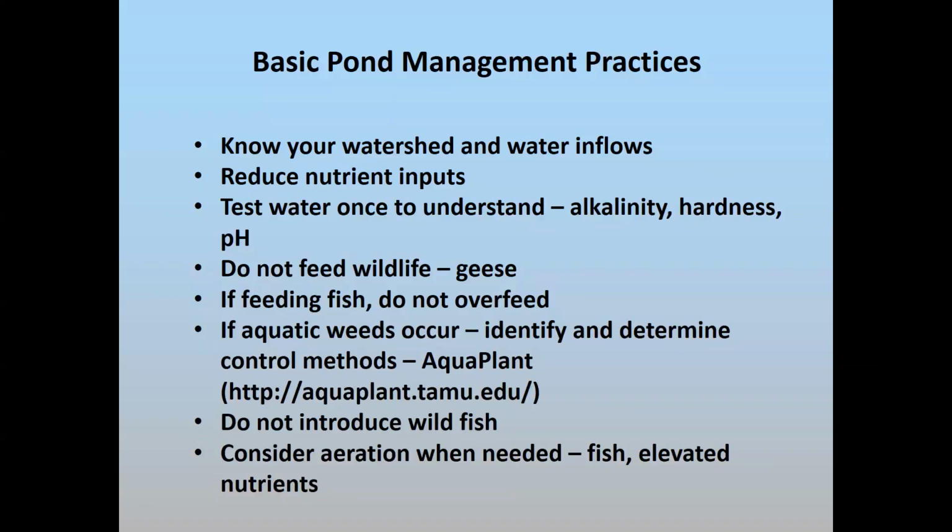A great resource on aquatic weeds is what's called Aquaplant. It's an online educational tool put out by Texas A&M University. I would say it's probably one of the best out there. So if you do have an issue, you have to identify what that plant is before you can do any control.